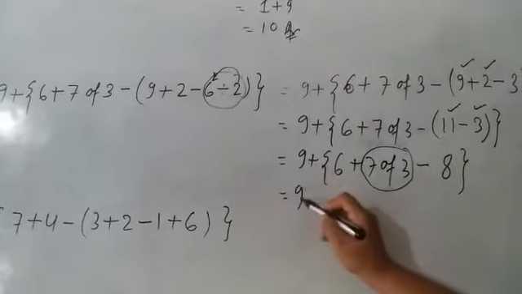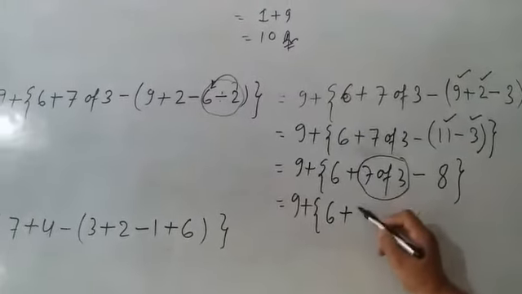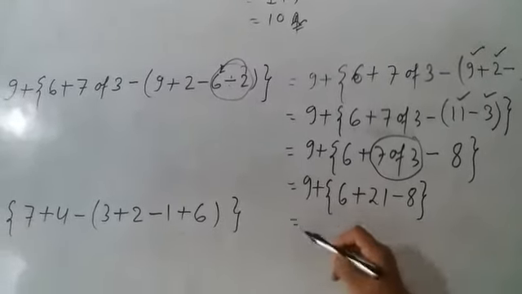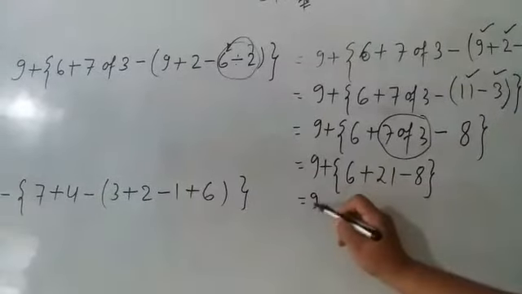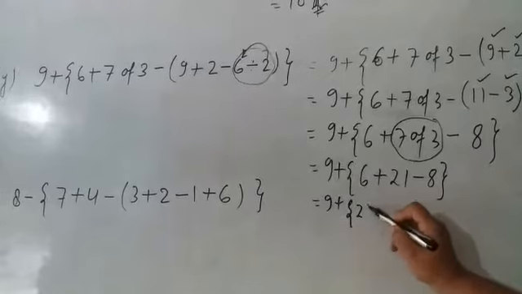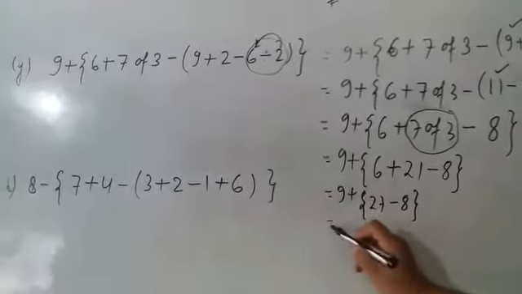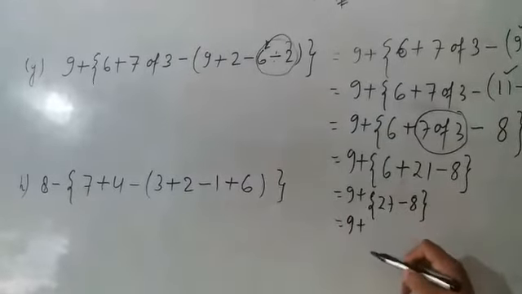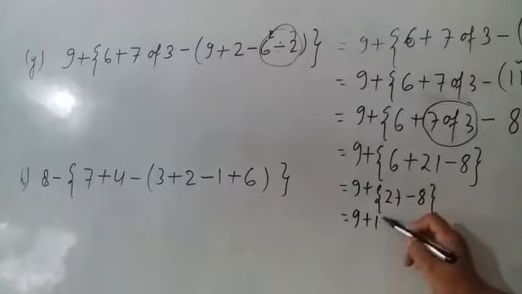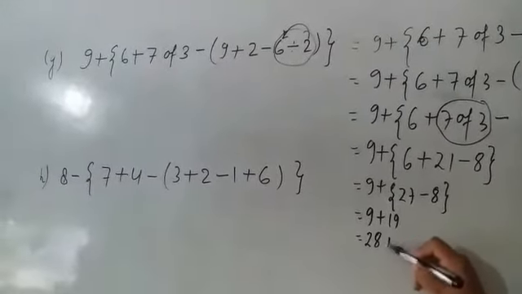Okay, so 9 plus curly bracket 6 plus 3 7s are 21 minus 8 curly bracket close. So similarly 9 plus, now you are doing additions, curly brackets 27 minus 8 curly bracket close. So is equals to 9 plus, the difference is 19, is equals to 28 is our right answer.